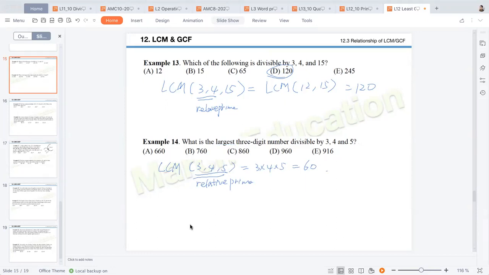I want the greatest 3-digit number. I just find 60 times 16 equals. So this number is the greatest one. They want 3-digit numbers.